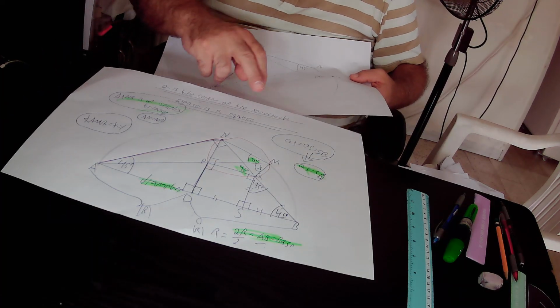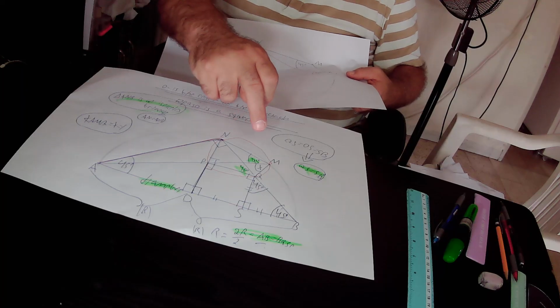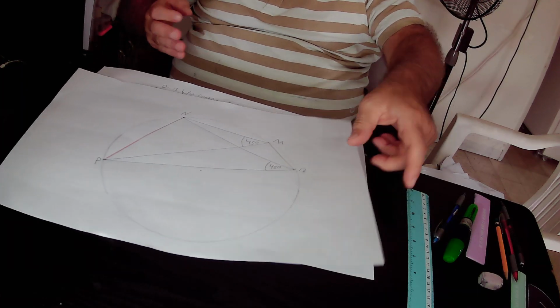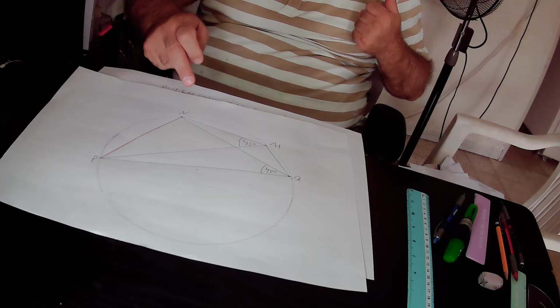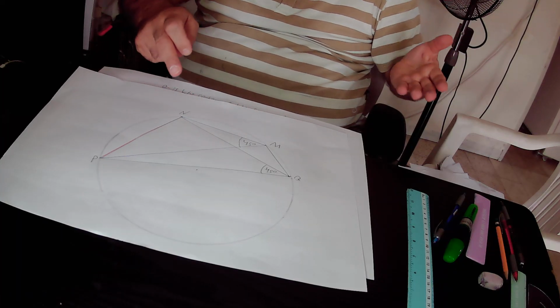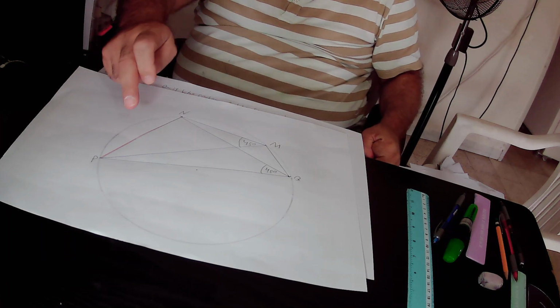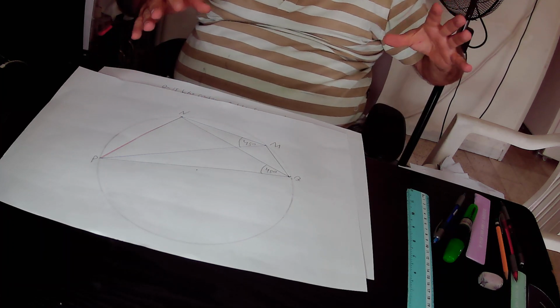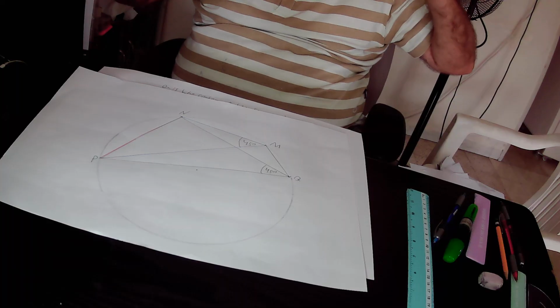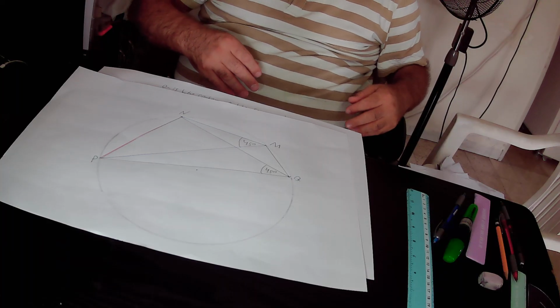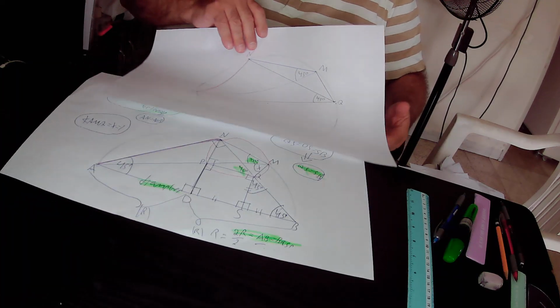The scale is not the same, but it is the same quadrilateral NMQP. So I proved that quadrilateral NMQP is definitely cyclic because all of its four vertices, N, M, Q, and P, lie on the circle. And therefore, quadrilateral NMQP is a cyclic quadrilateral. That is the first method.